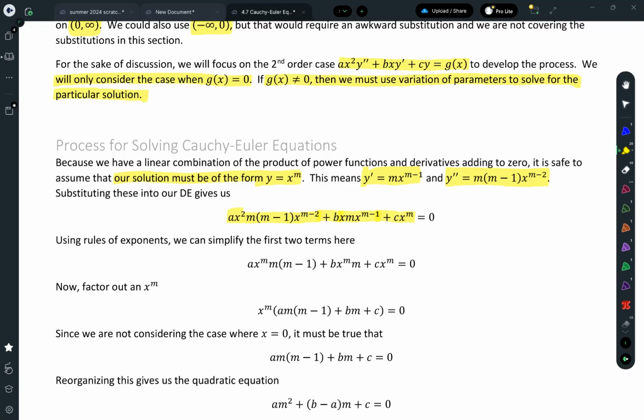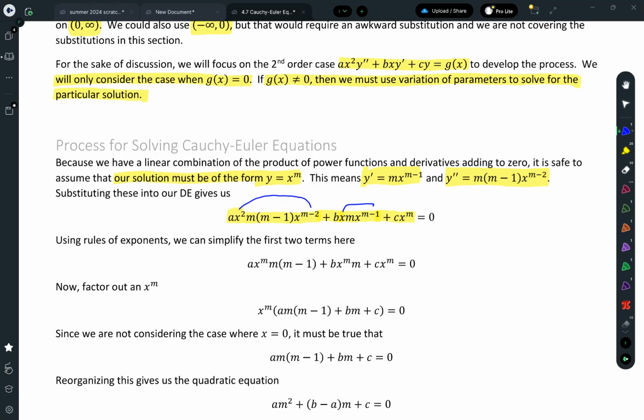Now, when we use the rules of exponents and we combine the x squared and the x to the m minus 2, you add exponents. So we have 2 plus m minus 2, which just adds up to m. Similarly, in the second term, when we combine the x's there, we have x to the 1 and x to the m minus 1. When those combine, we get 1 plus m minus 1, and that lands with an x to the m.